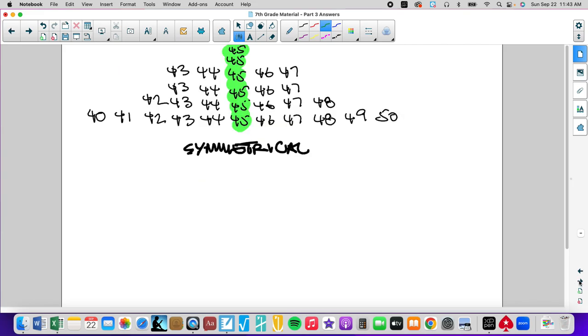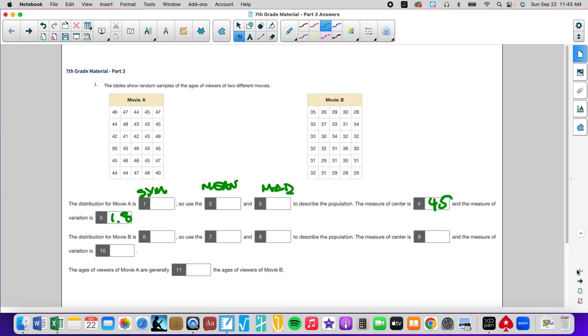out like we plotted this, you will notice that this also is symmetrical. That is also a symmetrical distribution. And so we would again use the mean and the MAD value to describe the population.